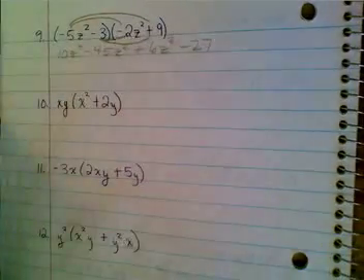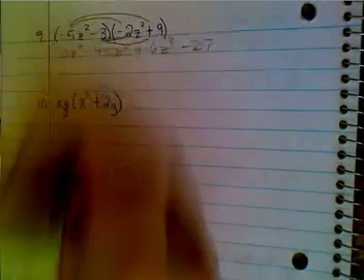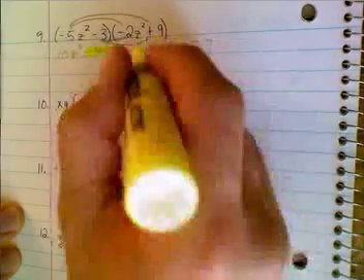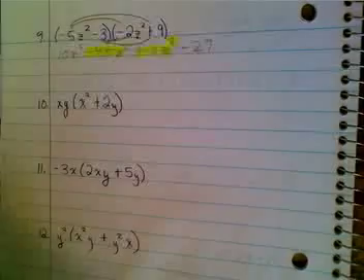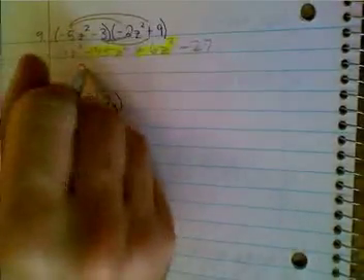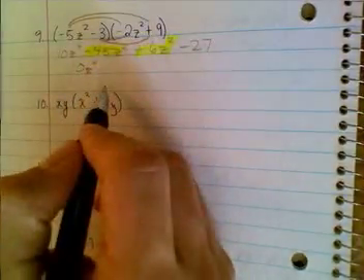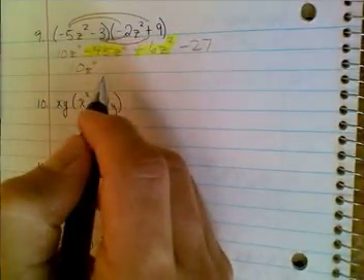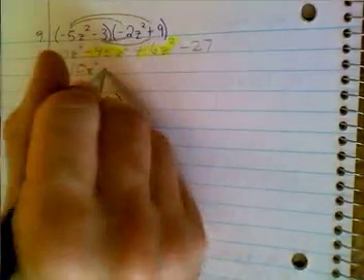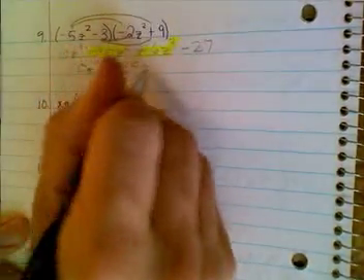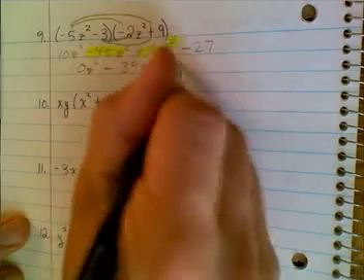Now this time we do have common terms. We have this -45z squared and this positive 6z squared. So it won't be long and we'll be finished. 10z to the 4th. -45 plus 6 is going to be -39. -39z squared minus 27. Circle. We're done.